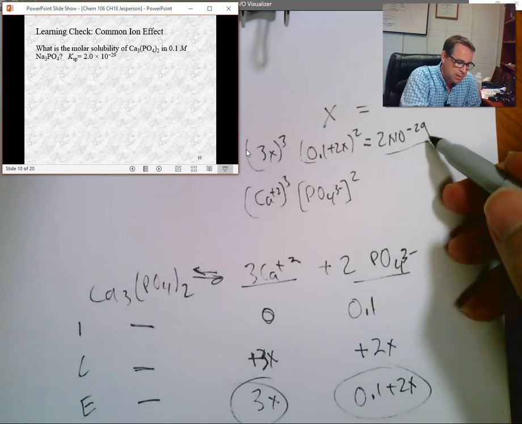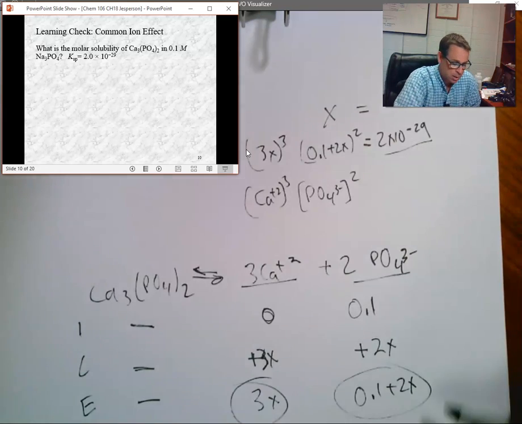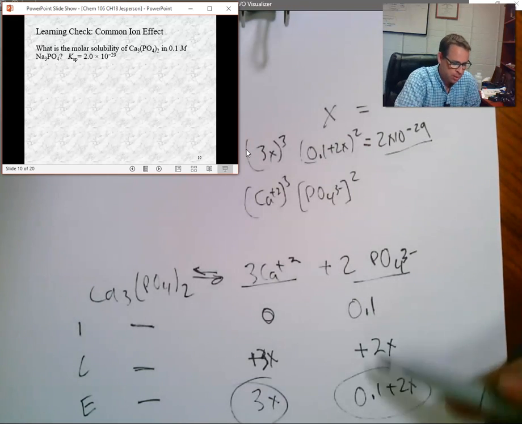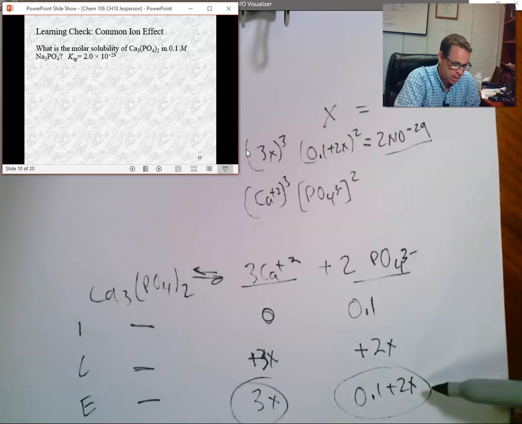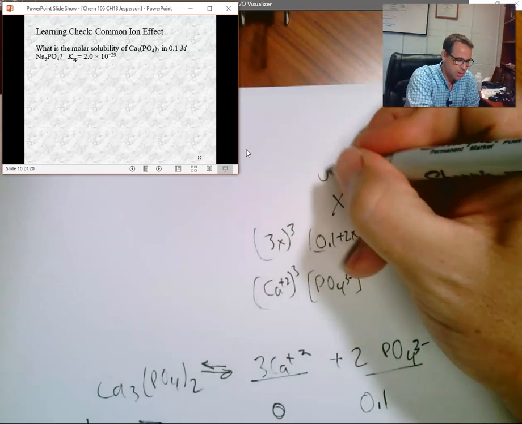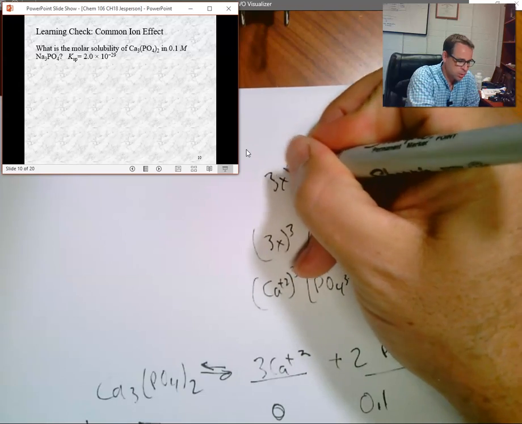Because this is 0.2 with 29 zeros, and this is only 1 decimal place moved. We're way, way, way far away from each other. So this shift is not going to influence that 0.1. Thank goodness, right? So I can simplify this to 0.1 squared times 3x cubed.